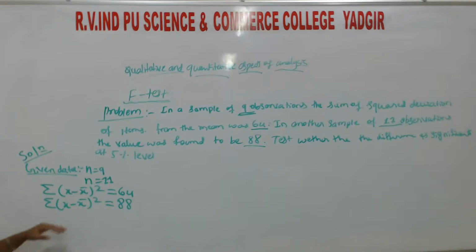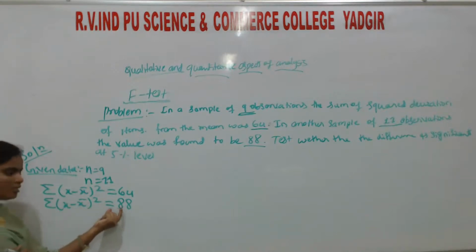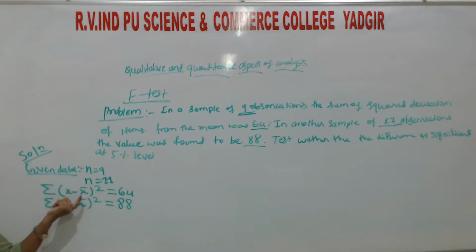These are the sums of the square deviation, that is the summation of x minus x bar whole square equal to 88 and equal to 64. And then afterwards, let's take the hypothesis that the variances of the two samples are not significant.